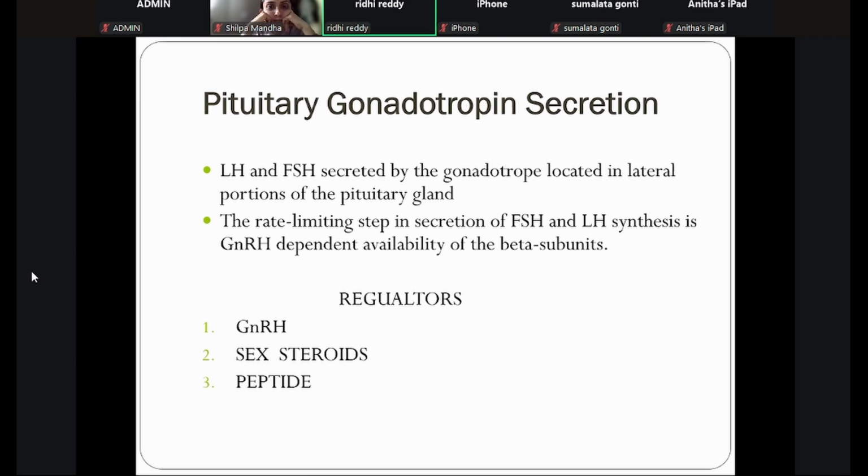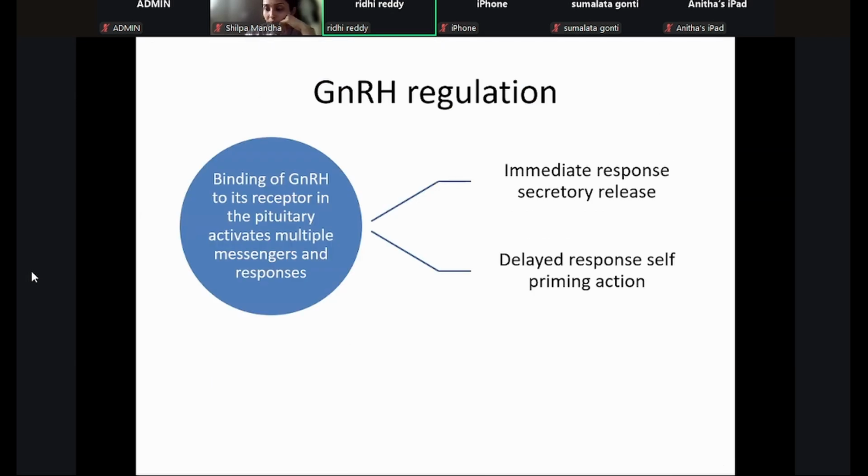All of this is regulated by GnRH, sex steroids and peptides in pituitary gonadotropin secretion. When GnRH binds to its receptor in the pituitary, there will be an immediate response releasing FSH and LH, or a delayed response where receptor activity may be increased, like a self-priming action.